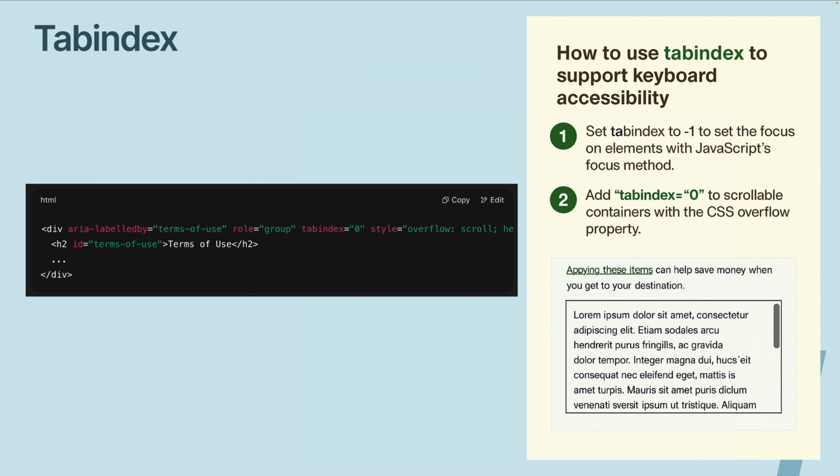Then we add Tabindex equals 0 to the scrollable containers with the CSS overflow property. As you can see, here we have Tabindex 0 and style overflow scroll on this particular element that contains the terms of use. And then you also give it aria-labelledby terms of use and the role of group.